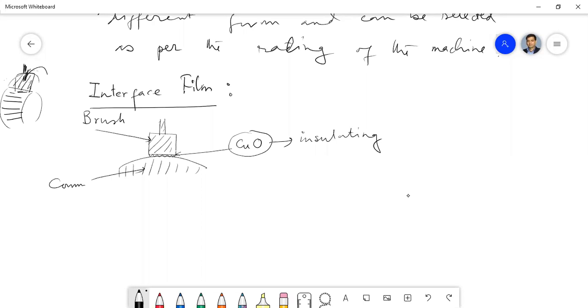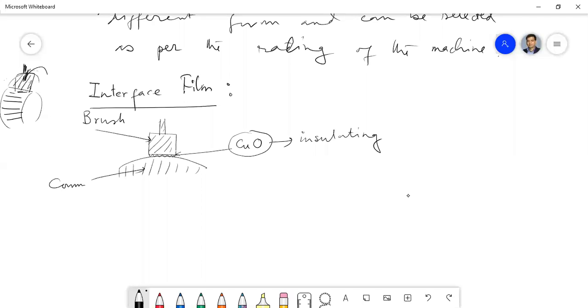There are two reasons for which this cupric oxide layer breaks down. One is mechanical, another is electrical. So two breakdown processes, mechanical as well as electrical breakdown. Okay, now let me discuss this.